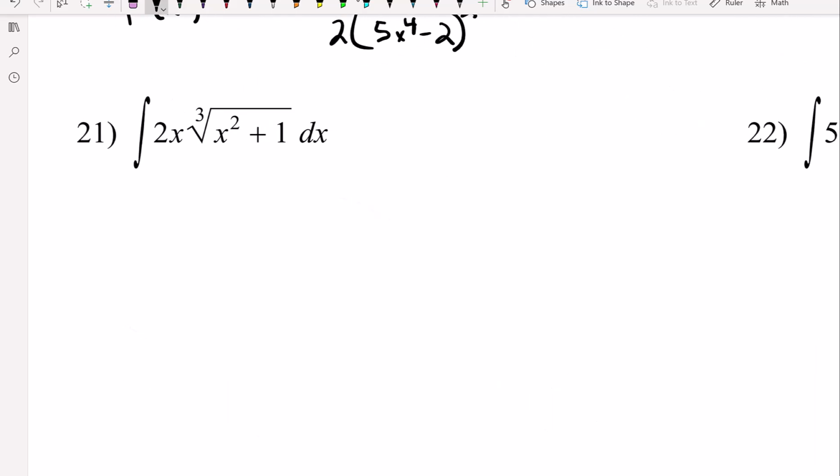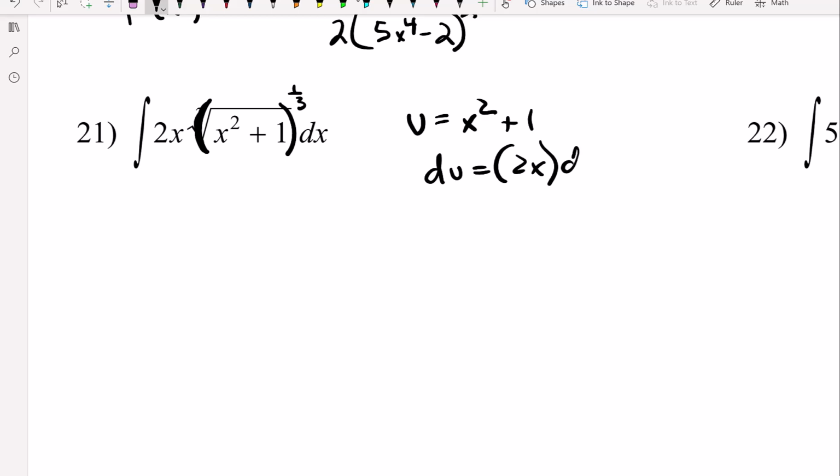This right here, I just recommend rewriting this to the 1/3 power. Our u will then be x squared plus 1. Our du would be 2x dx, which is this piece right here.